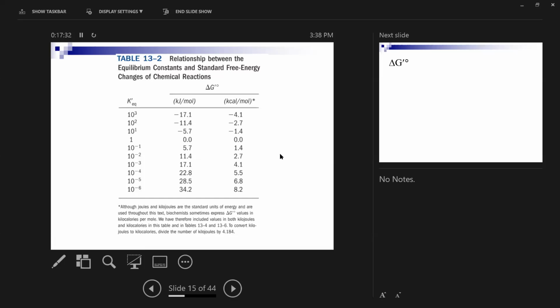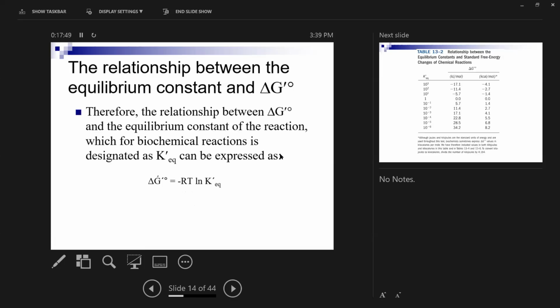If I don't, you can use either one. I don't care which you use. Just keep in mind that this number is going to be different if you use kilojoules versus kcals.